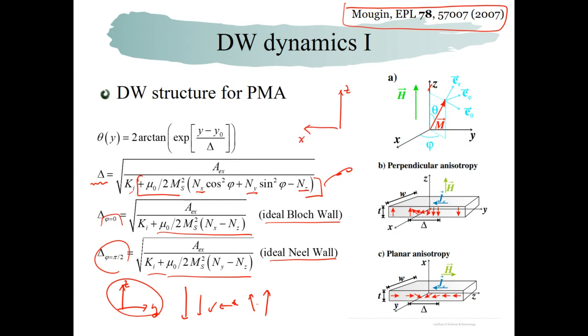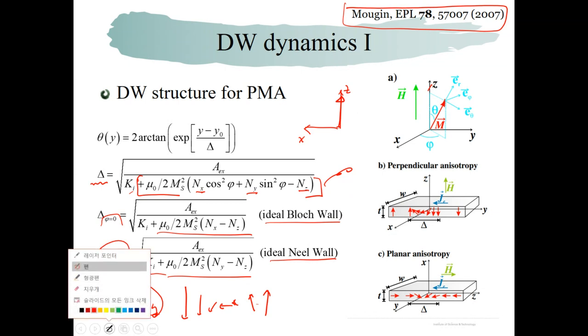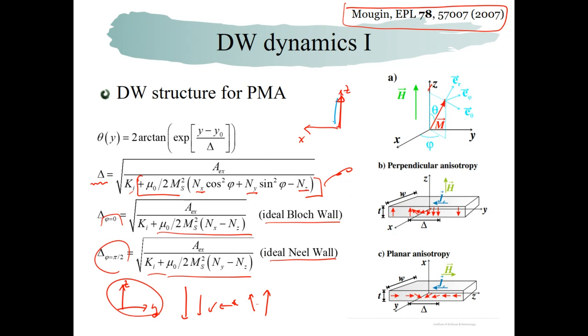Here, in this case, the domain wall propagates in the Y direction. So let's start from the plus up domain, and then let's say this up domain here, and the down domain is in a different Y. The domain wall is formed by rotating the magnetic moment inside of the Y plane, like this.